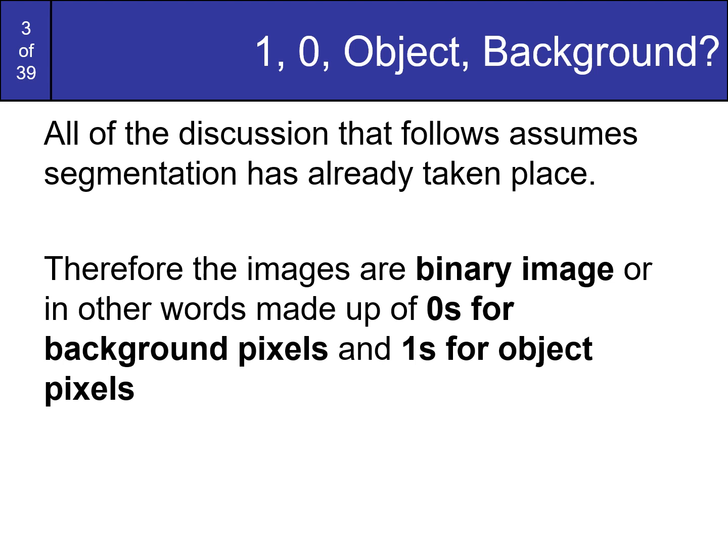All of the discussion that follows assumes segmentation has already taken place and that images are made of 0 for background, remember, 0 for background pixels and 1 for object pixels. After this, it doesn't matter if 0 is black, white, yellow, green. So our representation of the image is 0 for the background and 1 for the object pixel.